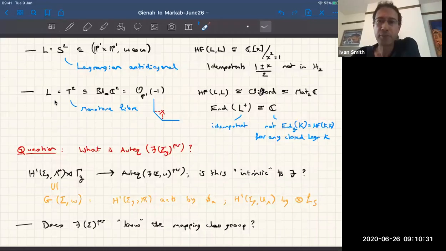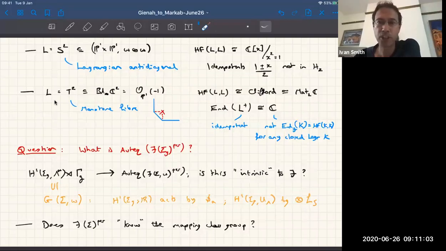And a similar flavor example: if you blow up the origin in C2, you get the total space of the O(-1) line bundle over P1. That's a very simple toric surface. It's well known that it has one monotone torus fiber, the one that sits over the interior vertex of the moment polytope. And that's a non-degenerate critical point of the corresponding LG potential.